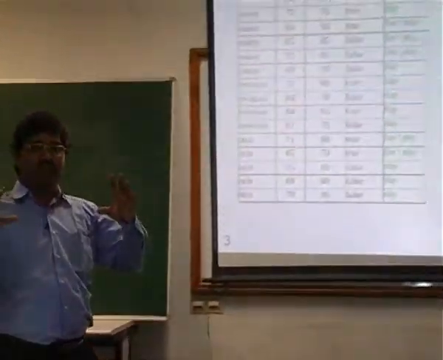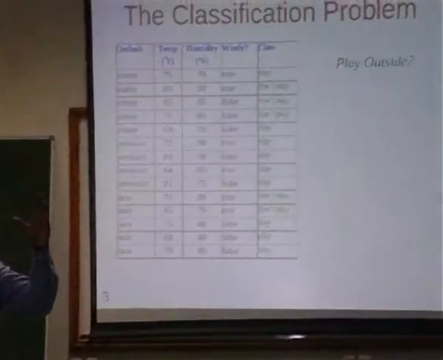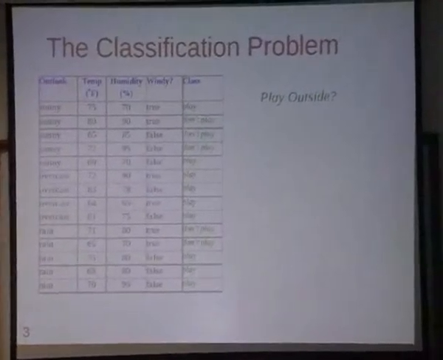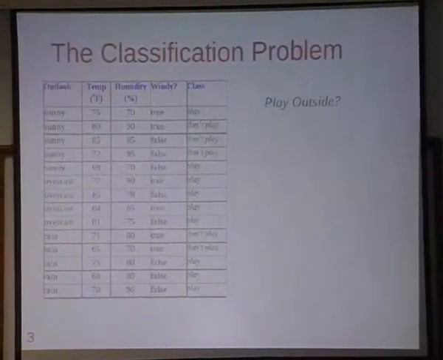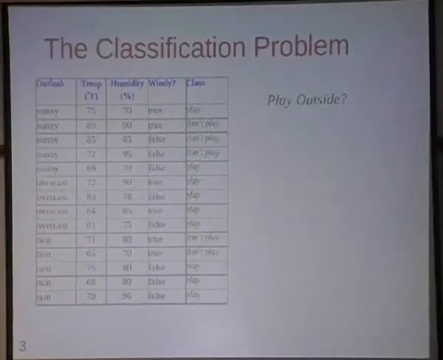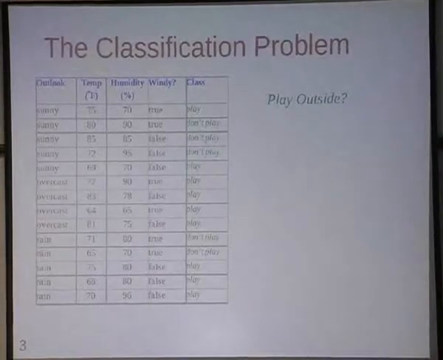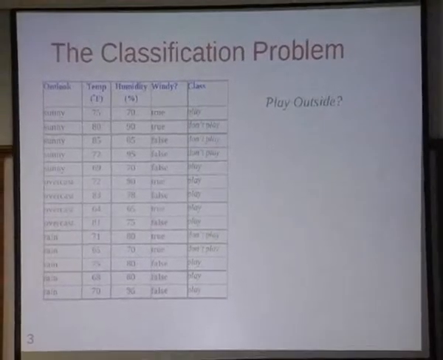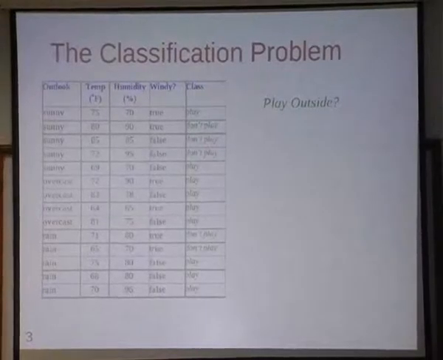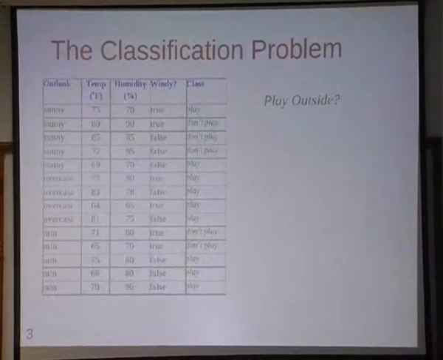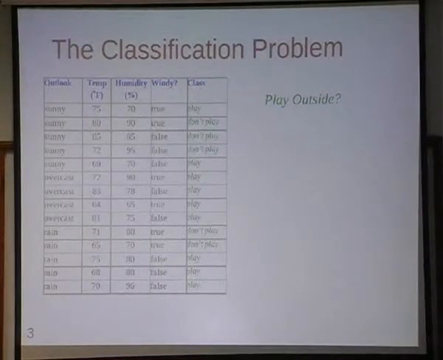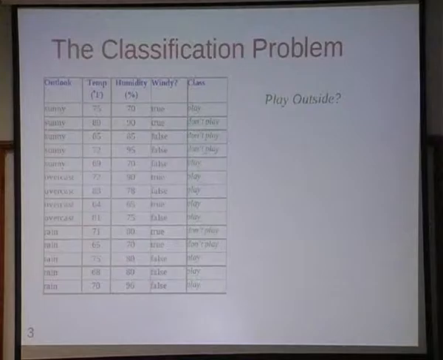Basically the problem consists of, given different records, can you classify these records into a set of predefined classes? Just to illustrate, you have a data set with different records, and each record is giving the status of the weather at a particular point of time.